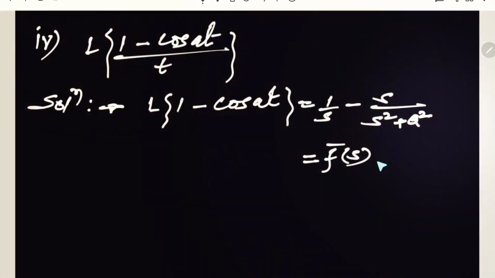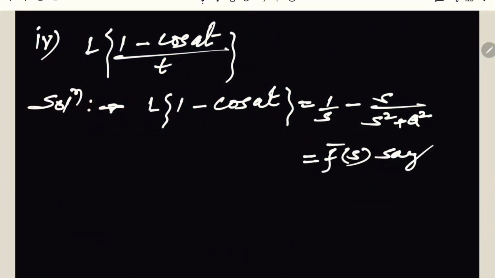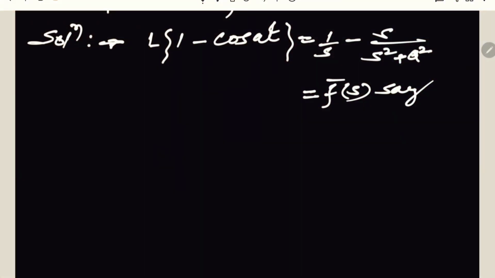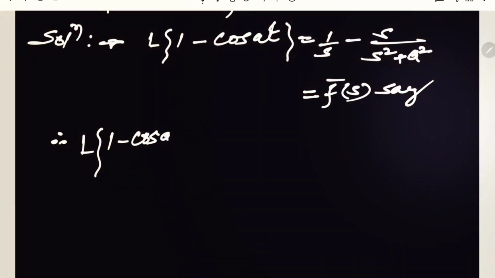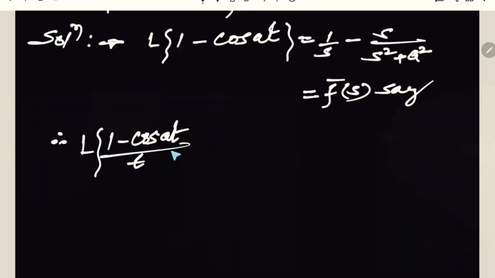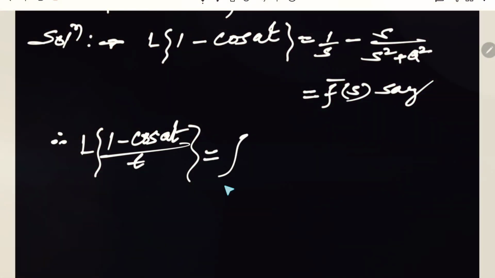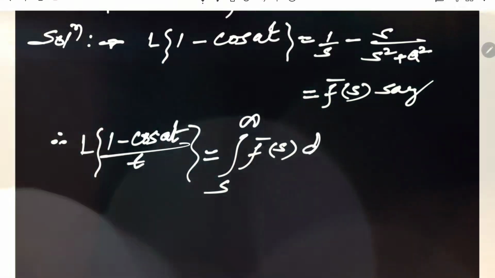And this we call f bar of s. Then, by that division theorem, Laplace transform of 1 minus cos at divided by t is the integration from s to infinity of f bar of s with respect to s.